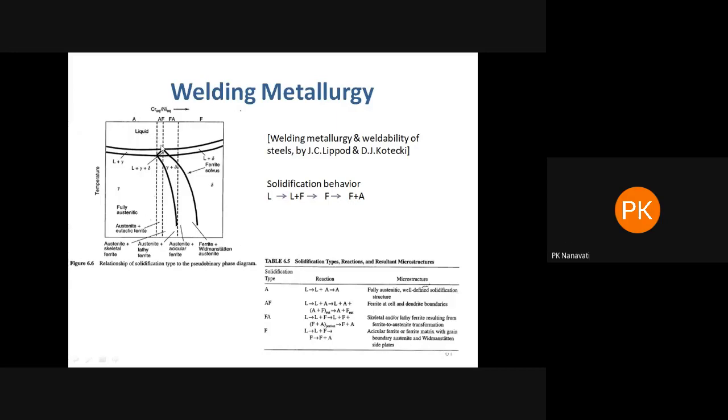Your composition is going to cool from this region, and you have a ferrite plus austenite, that is F plus A region. Then you have some composition which first solidifies as ferrite. The first solidification mode is not austenite, but ferrite, that is 100% ferrite, right? So this ferrite plus austenite is passing through this intermediate region, right?